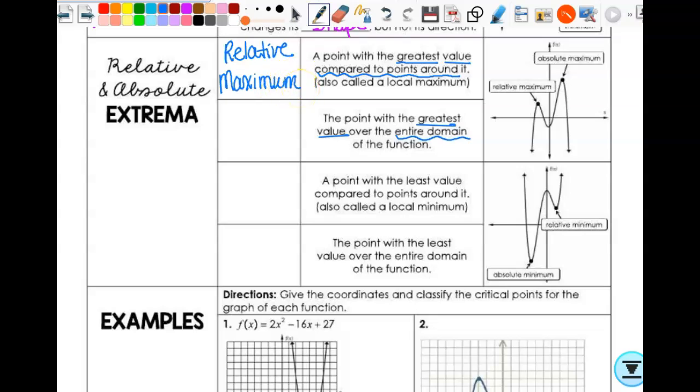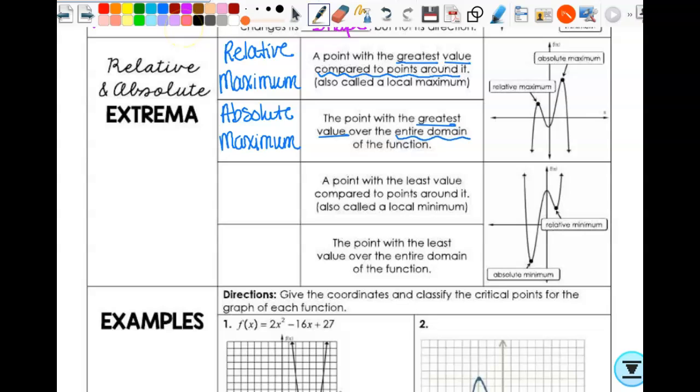When you look at the graph as a whole, the maximum value, remember anytime you're talking about the value of the function, it's always the y value. So the maximum y value of the entire function makes that the absolute maximum. We all good so far?